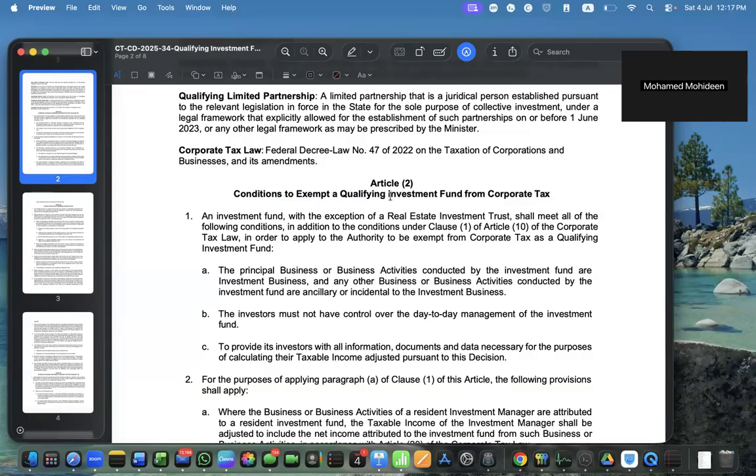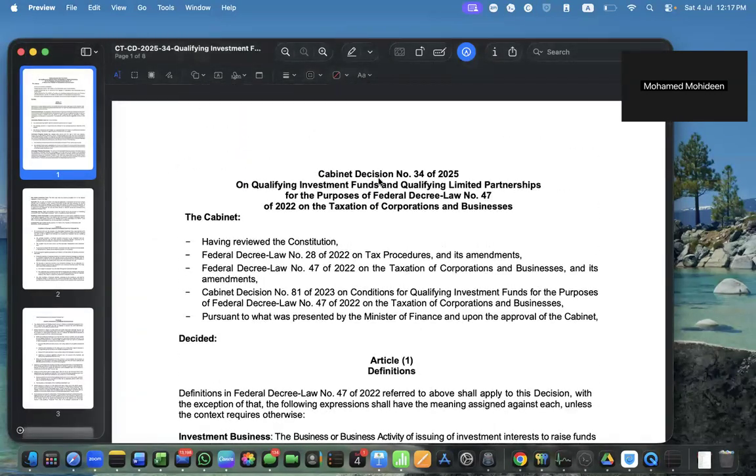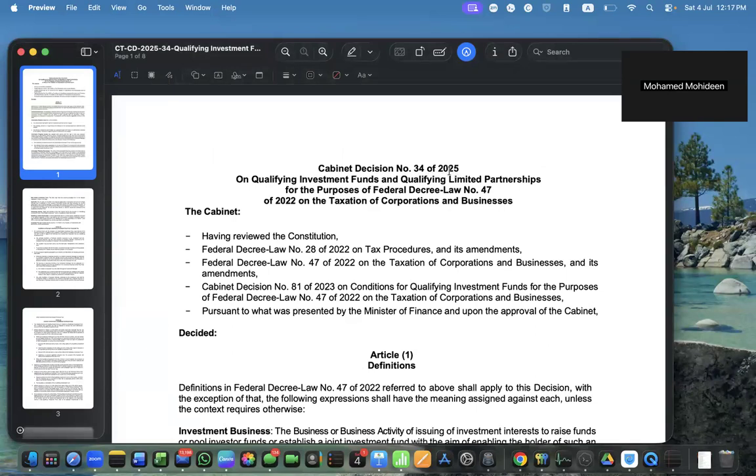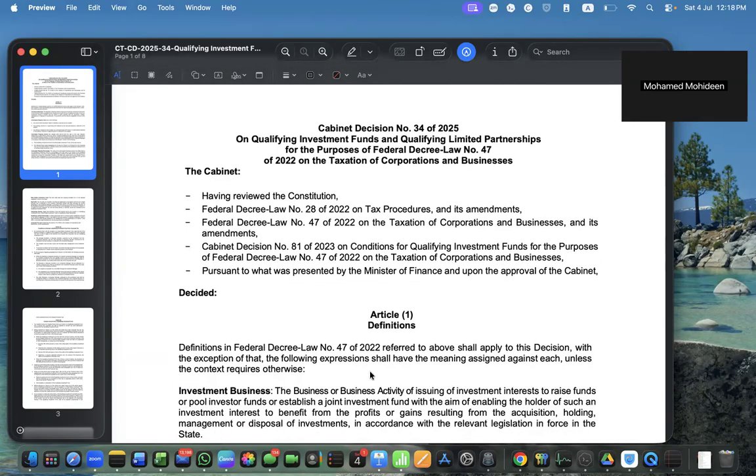Yes, in UAE, actually, when I said we have only one type of nexus, that is not the case, because this decision came a bit late, and this is a decision of 2025. So in 2025, this concept of nexus emerging from a qualifying investment fund was introduced for the first time.